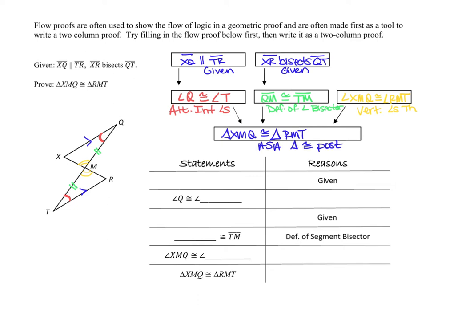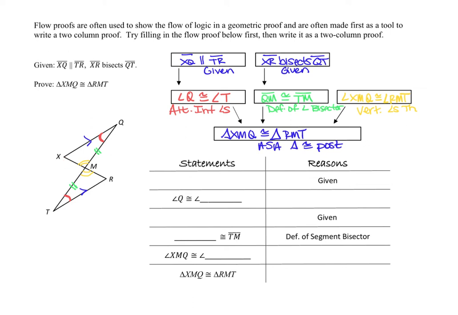Another option you could have done with the parallel lines, these are not the only alternate interior angles. With these parallel lines here, we could have done angle X is congruent to angle R. That would have worked too. The way that would change this proof is it would change how the triangles are congruent.